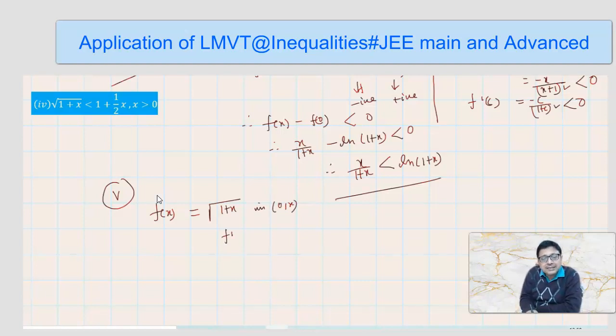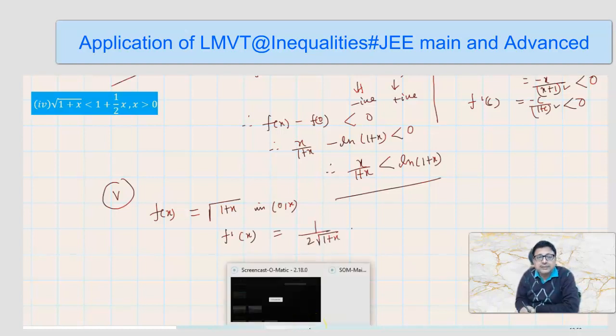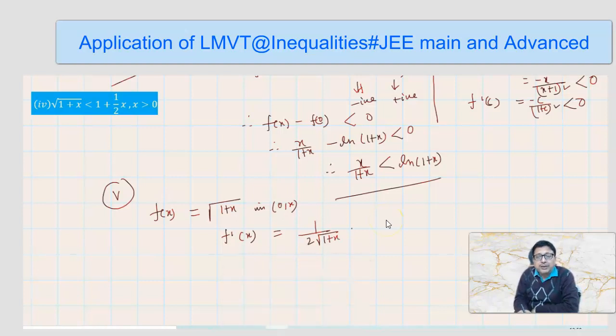What is f dash x? f dash x will be 1 by 2 root(1 plus x). What is f(0) here? f(0) is root(1 plus 0), that is 1.